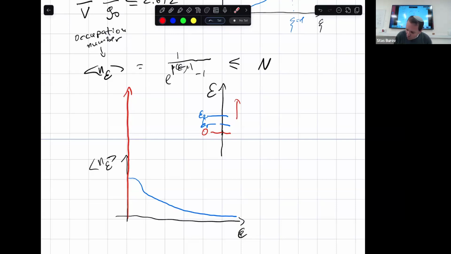Okay. So that's what we showed Tuesday, how we mathematically describe what happens over here.